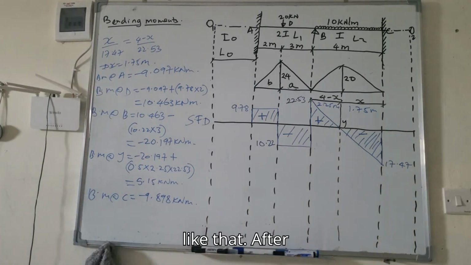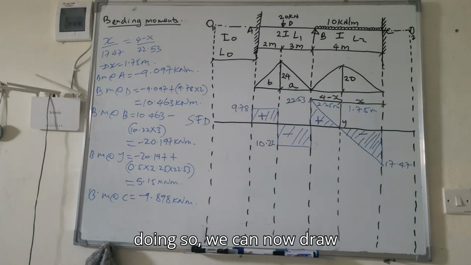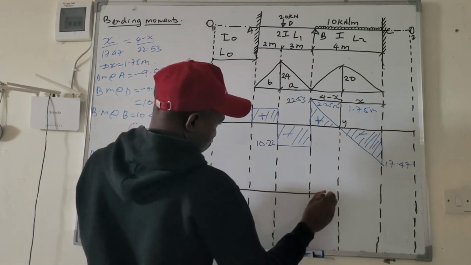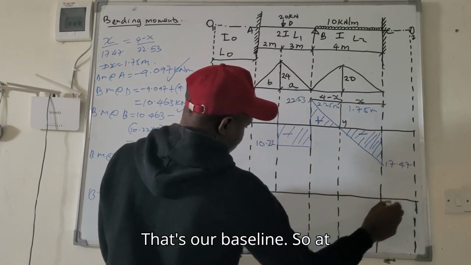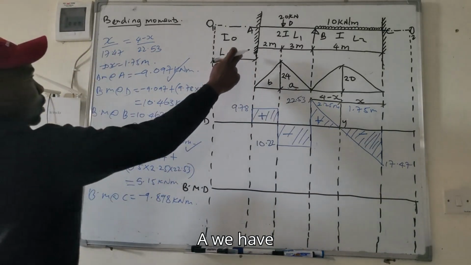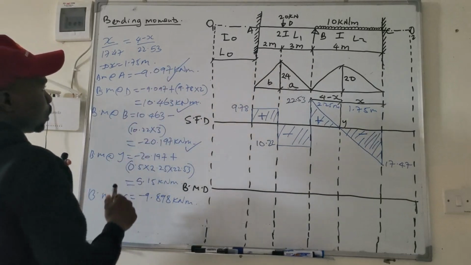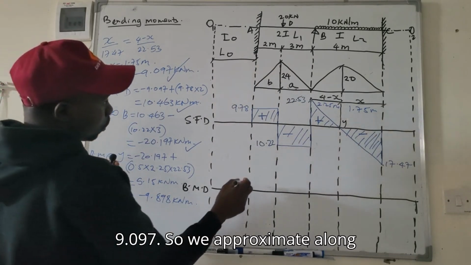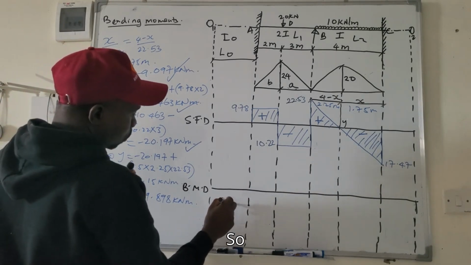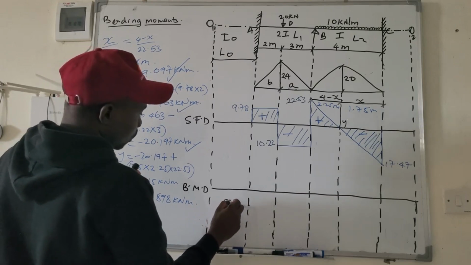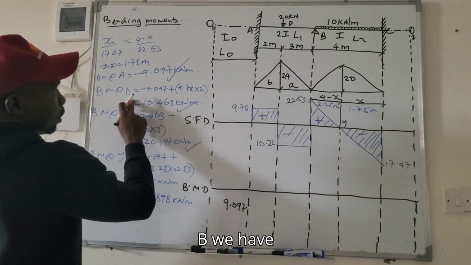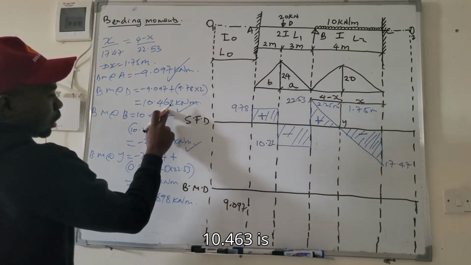After doing so, we can now draw. That is our baseline. So at A, you have negative 9.097, so we approximate along this line. And then at D, we have 10.463.